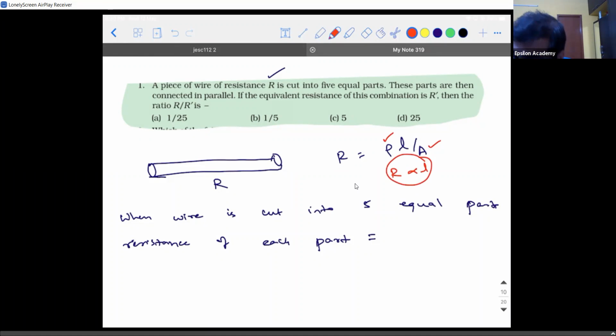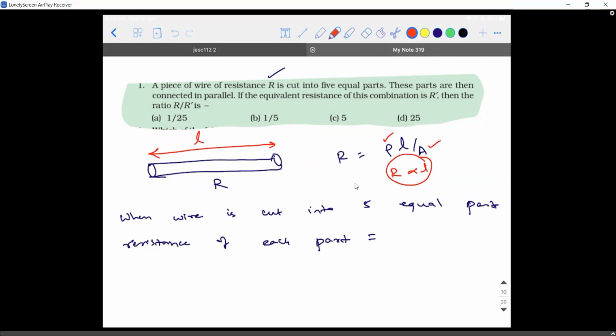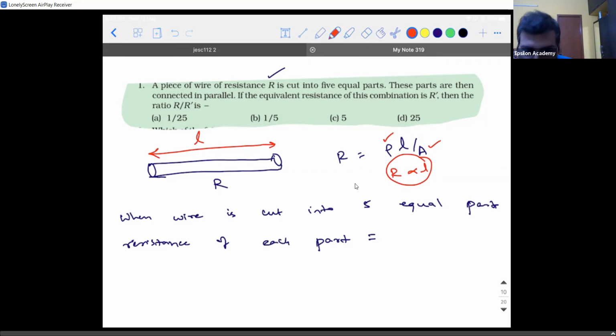Means if the length of the wire was L, the resistance was R. Now when it is cut into 5 equal parts, the length of each part will be L by 5. If it is L by 5, the resistance will be R by 5.